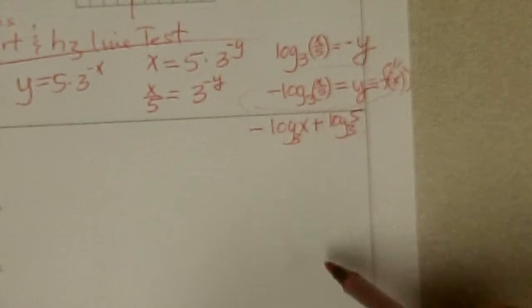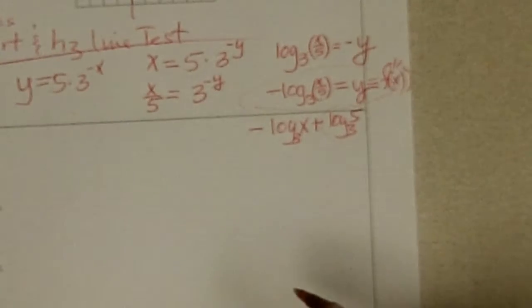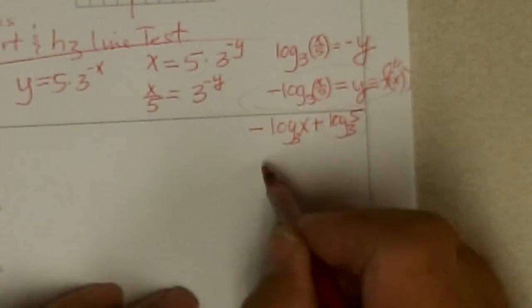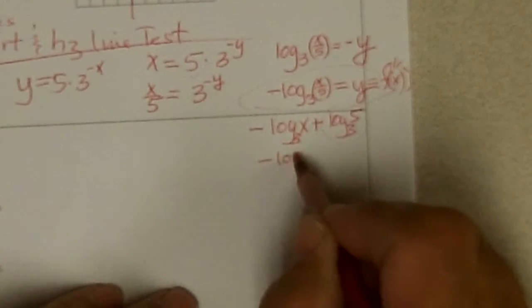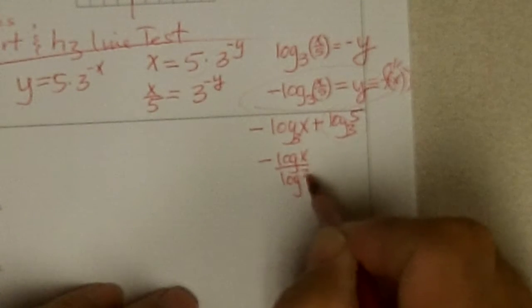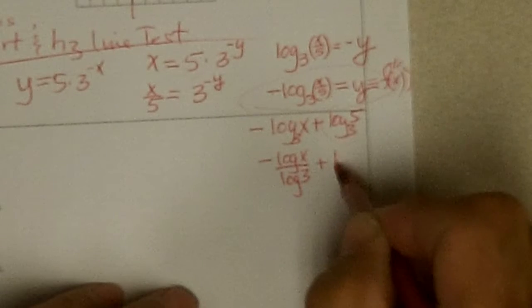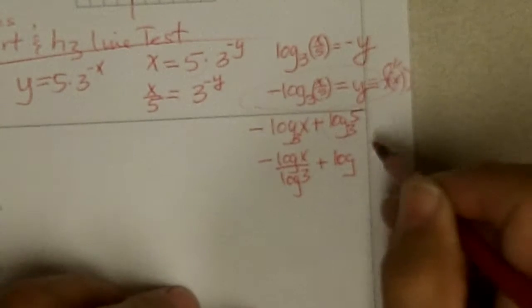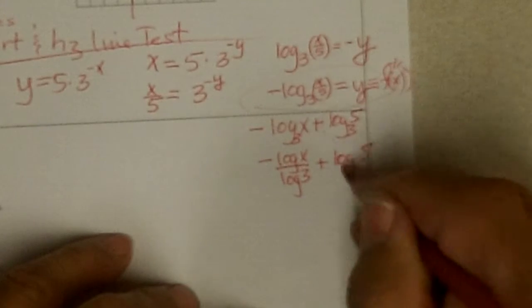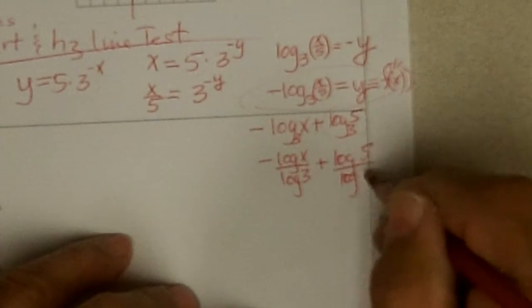This is just a number. And this I could use the change of base rule if I had to graph this and make it in base 10, so I could make it negative log of X over log 3 plus log of 5 over log of 3.